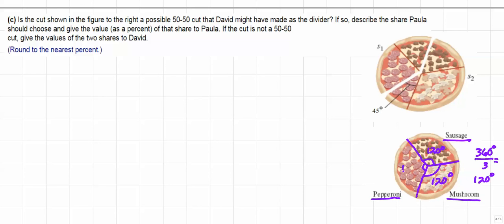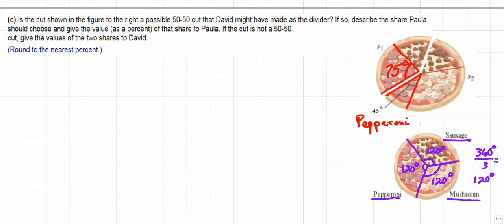So when we look at this, we go ahead and say, okay, this one right here has 45 degrees, and that's going to be pepperoni, which means that this angle, or this part of S sub 1, is going to be 120 degrees minus 45 degrees. And that'll be 75 degrees right here.